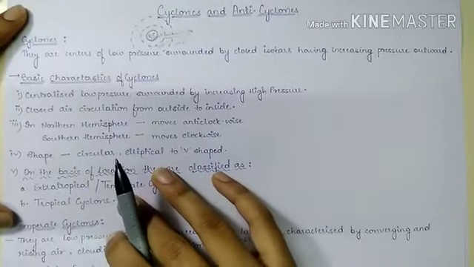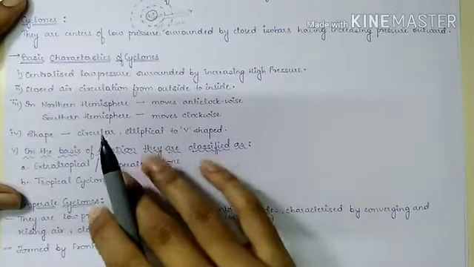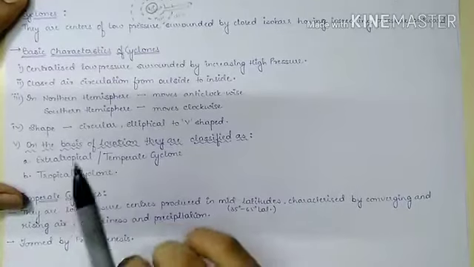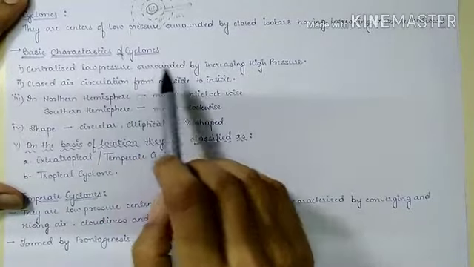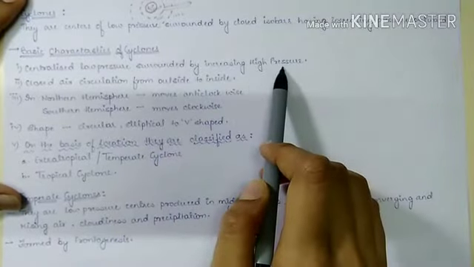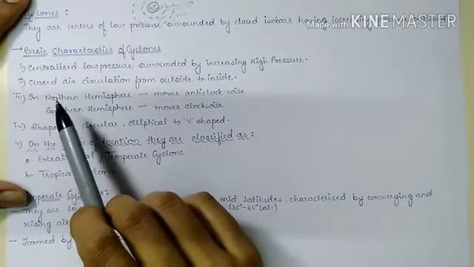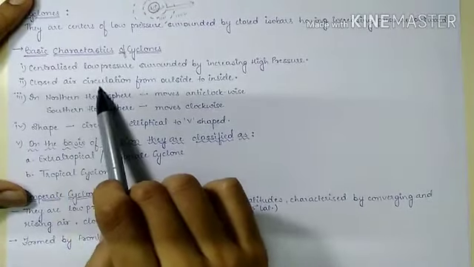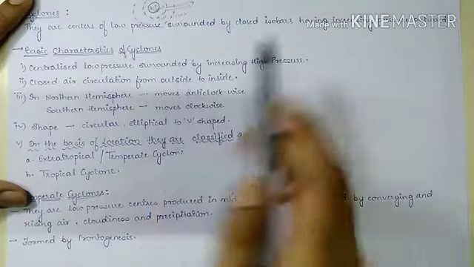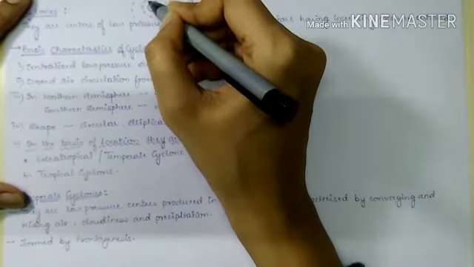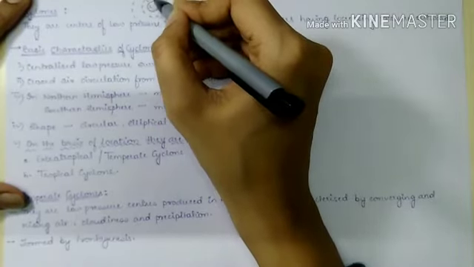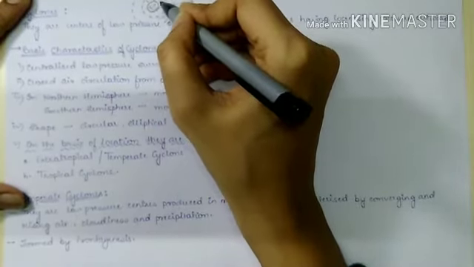Now, what are the basic characteristics of cyclones? The first basic characteristic is centralized low pressure surrounded by increasing high pressure belts. Next, we have closed air circulation from outside to inside. This closed air circulation means the air is coming from all sides.